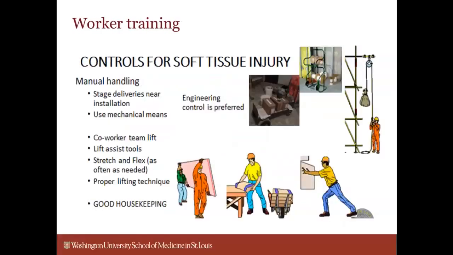But most importantly, the orientation also discussed controls for soft tissue injuries or ergonomic injuries. Manual material handling was a primary focus, and a discussion about the equipment that was used and available with each of the workers as they entered the site, asking workers what equipment they had and how they plan to perform the task using mechanical assist rather than manually handling everything, was a big part of that conversation.